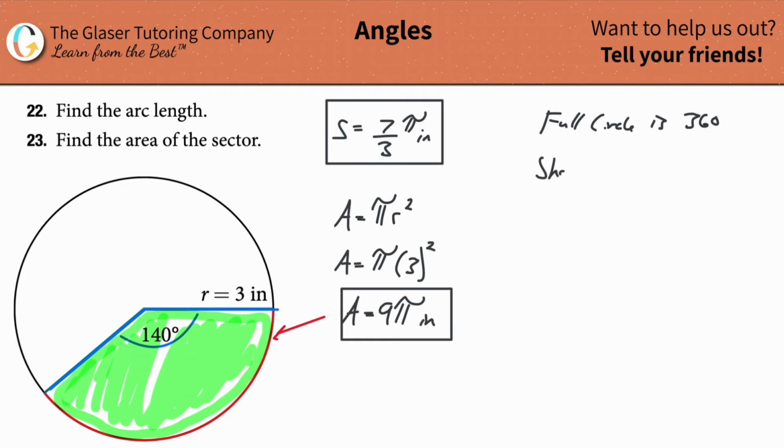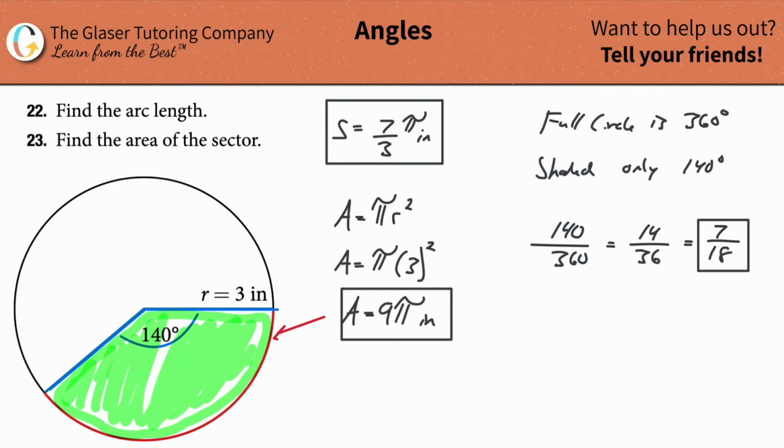And if we shaded only 140 degrees worth, then does that mean that I shaded proportionally 140 over 360? Which would be 14 over 36, which would then be 7 over 18. Yeah, it would be this fraction, 7 over 18, a little less than half. Well, that makes sense, right? Doesn't it look like less than half? So this is the fraction of the circle that you shaded.